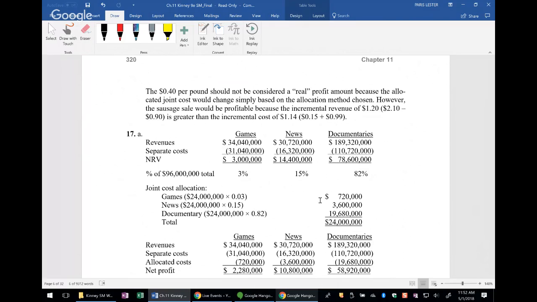Now divide 96 into 3 million. I hope I'm on the right track. It says round off to the nearest percent. This is 3%, moving the decimal two to the left.